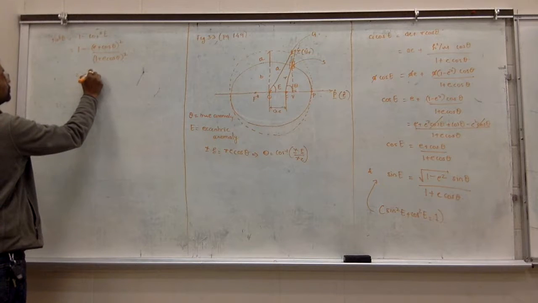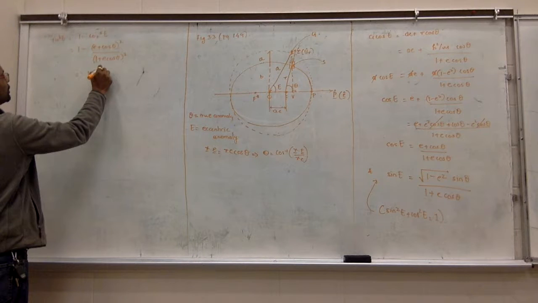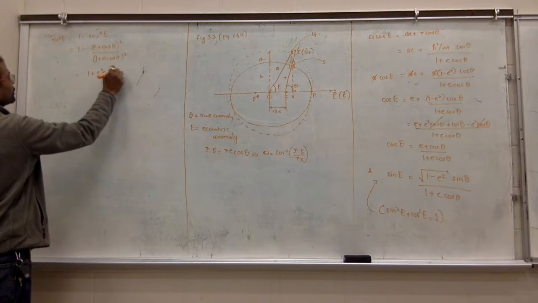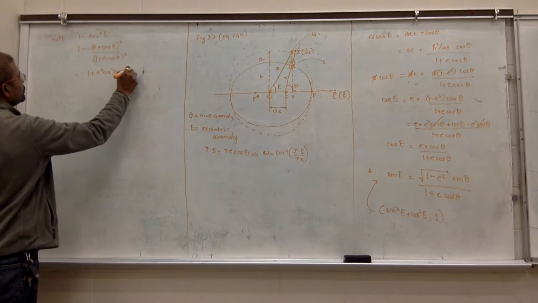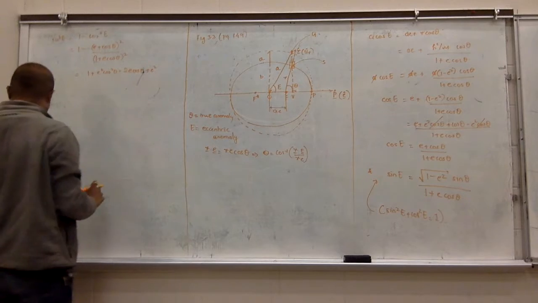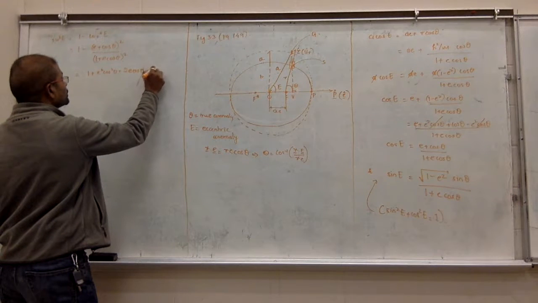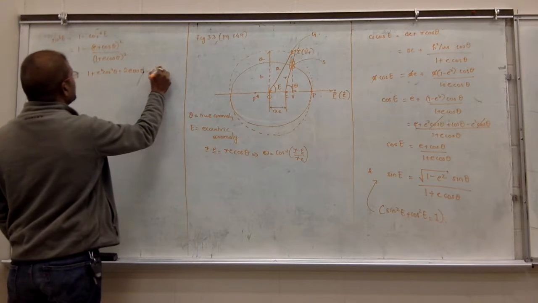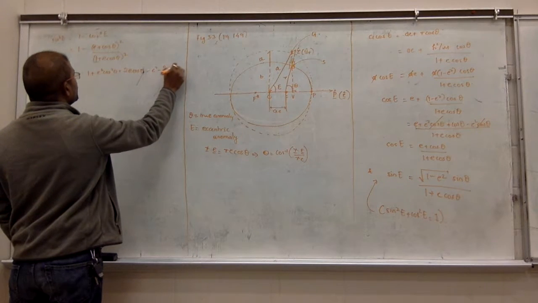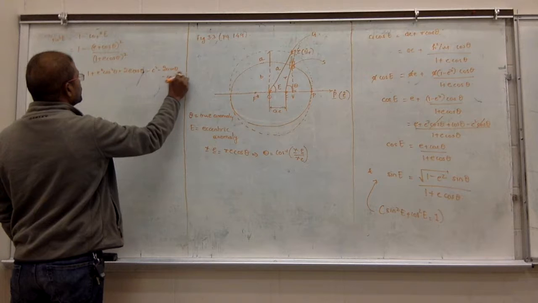So this would be 1 plus e square cosine square theta plus 2e cosine theta, minus e square, minus 2e cosine theta, minus cosine square theta.